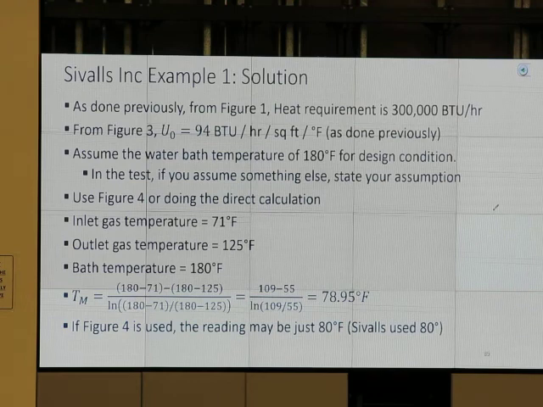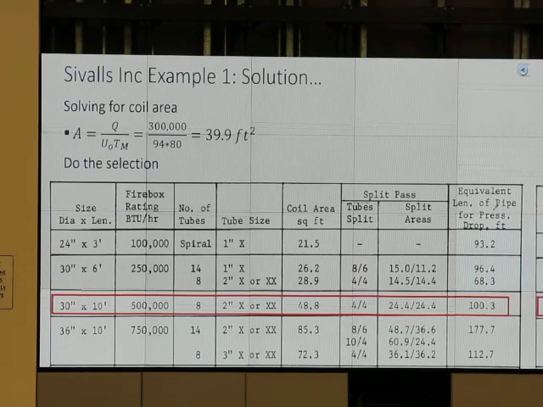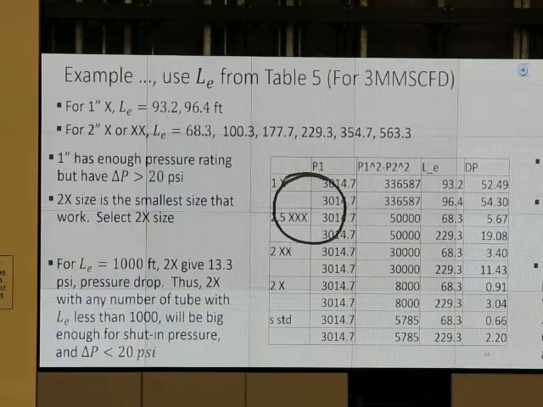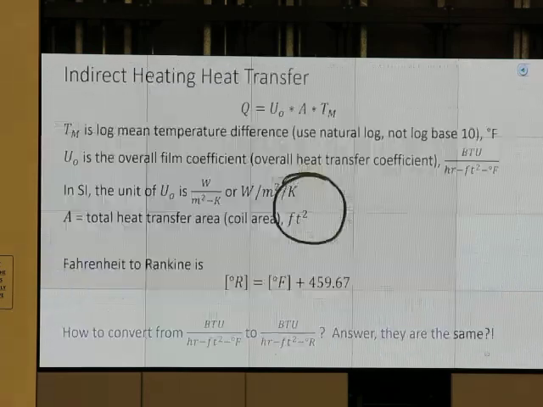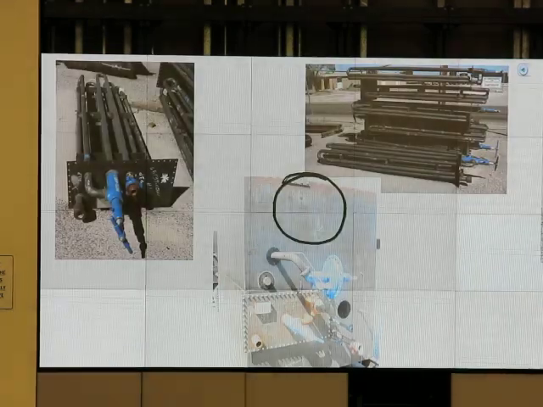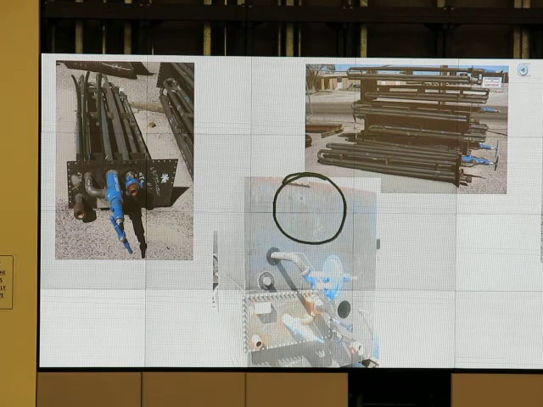Question: what area does A represent? That area that we get is the area in this chart. It is coil area, the surface area of this coil. You see that? Around all of the coil, yes.